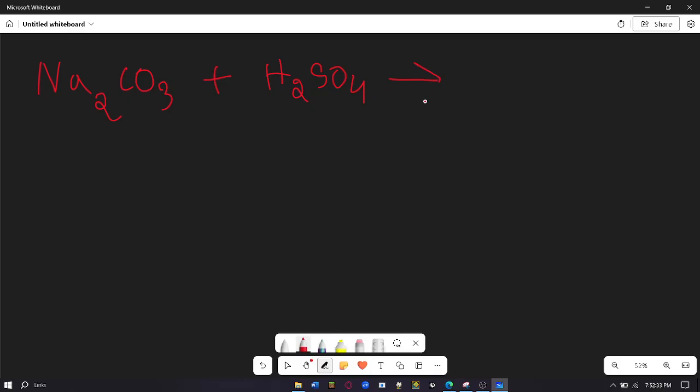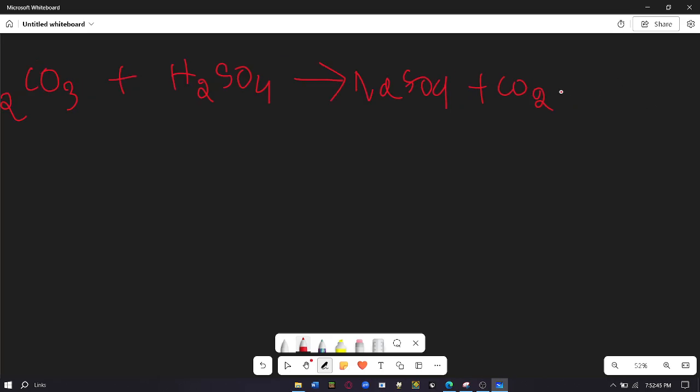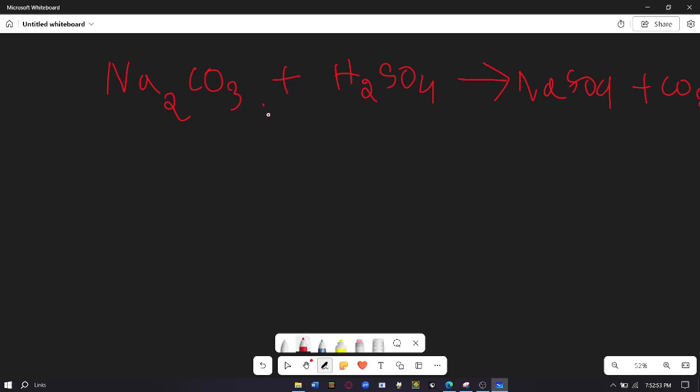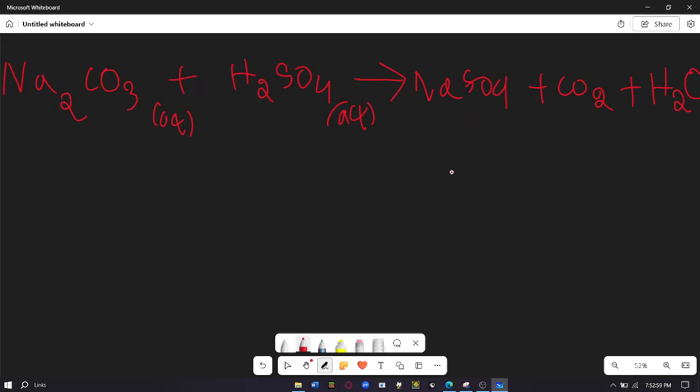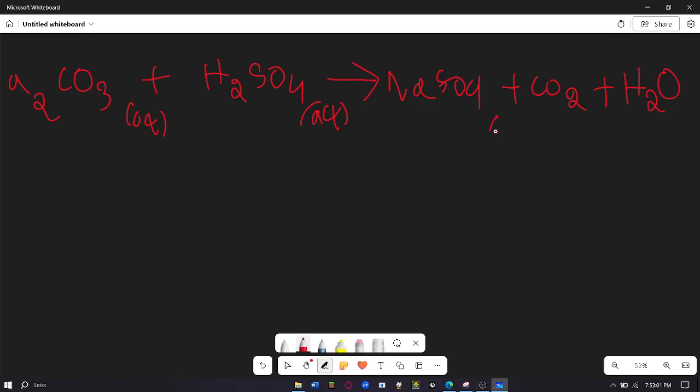This is equals to, actually arrow, Na2SO4 plus CO2 plus H2O. Alright, an important thing, there's AQ here, there's also AQ here, there's also an AQ here.